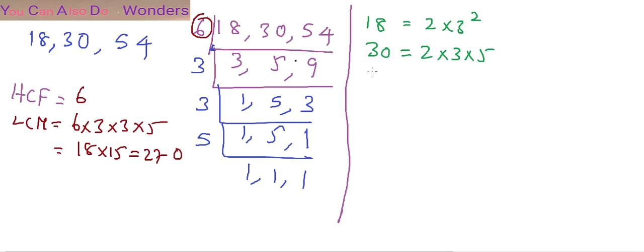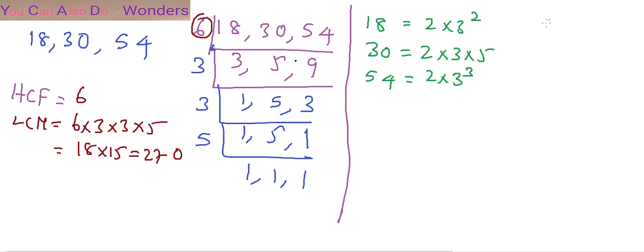If you prime factorize 54, you will get 2 into 27, so 2 into 3 cube.